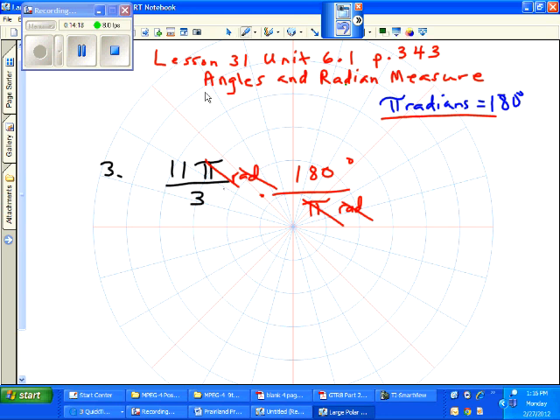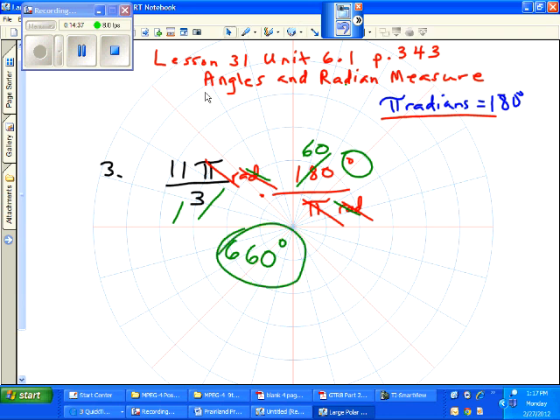Well, 3 will go into 3 once, and 3 will go into 180 60 times, and 60 times 11 is 660, and so the pi's gone. We're going to get 660. We lost the name radian, and we gained the name degree, so we have 660 degrees. Any questions on that?